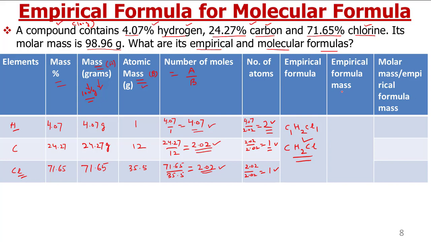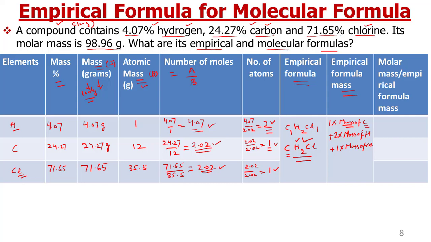Now let us find its empirical formula mass. We calculate empirical formula mass from the empirical formula. We have 1 atom of carbon, so 1 into the molar mass of carbon, plus 2 atoms of hydrogen, 2 into the molar mass of hydrogen, plus 1 into the molar mass of chlorine.